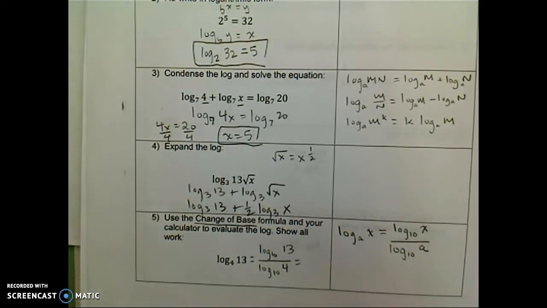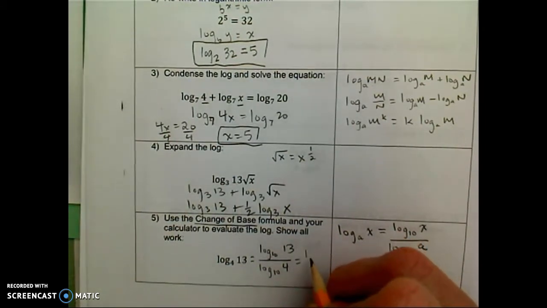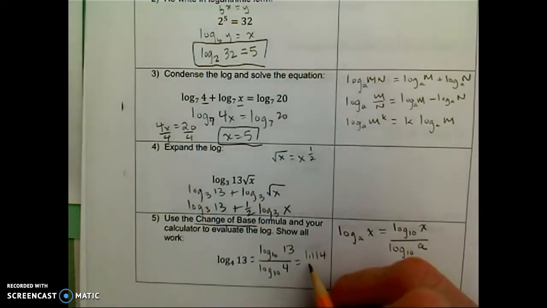So to your calculator you go. Remember, if you take your phone calculator and put it in landscape mode, you've got a scientific calculator that you're carrying around. So we type in 13 and then log, and I get 1.1139, we'll round to 3 places, 1.114.